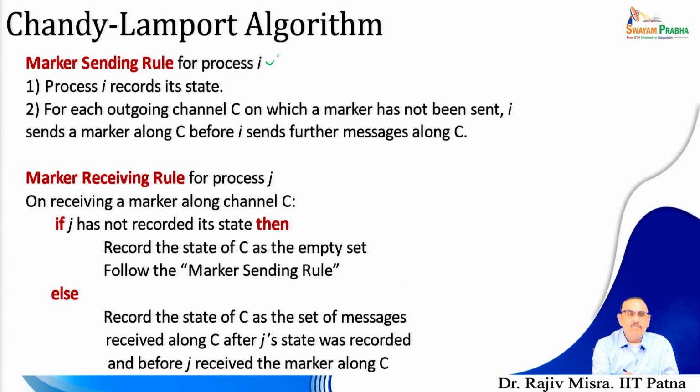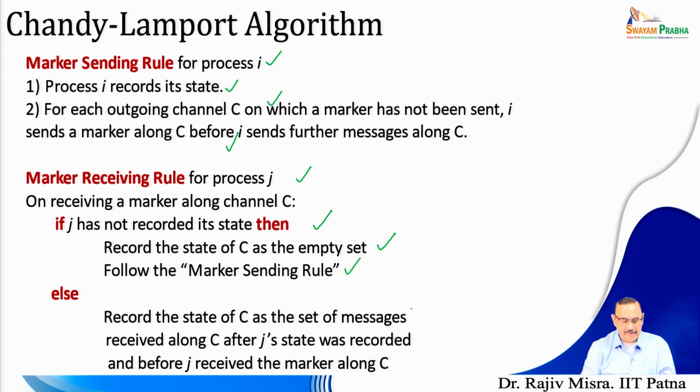So, marker sending rule for process I: it records its state. For each outgoing channel C on which a marker has not been sent, I sends a marker along C before I sends further messages along C. Marker receiving rule for a process J: on receiving a marker along channel C, if J has not recorded its state, then record the state of channel C as empty and follow the marker sending rule.